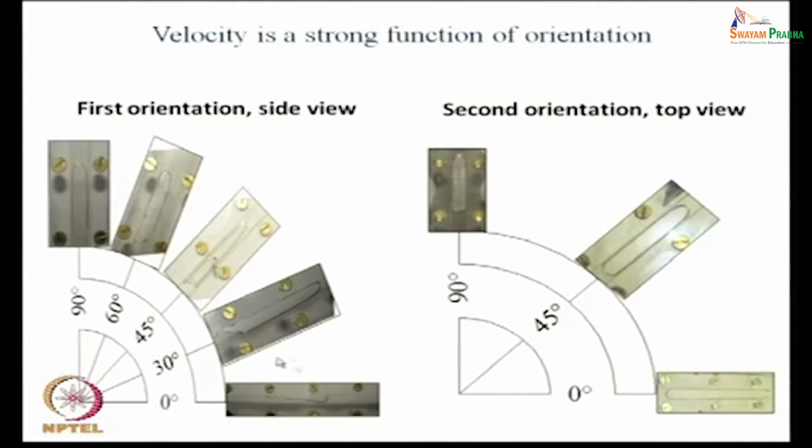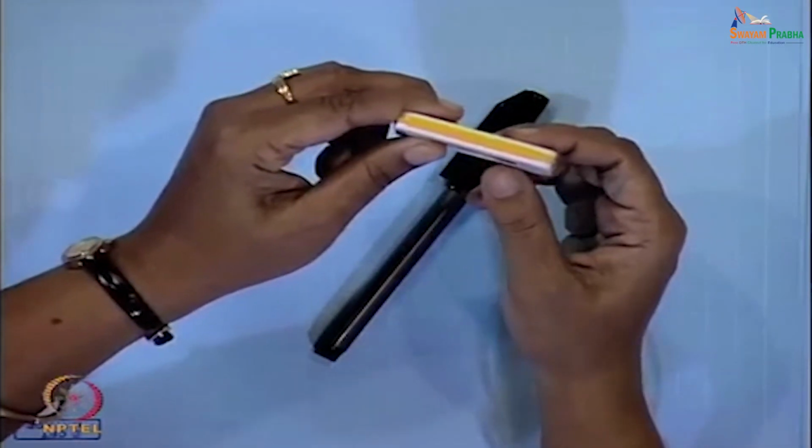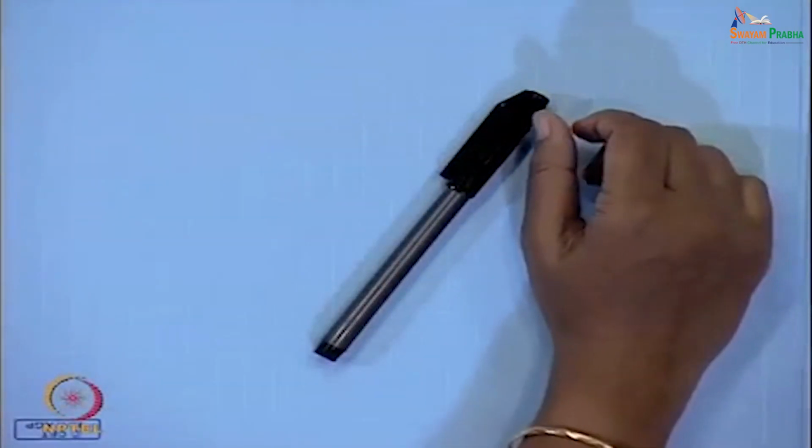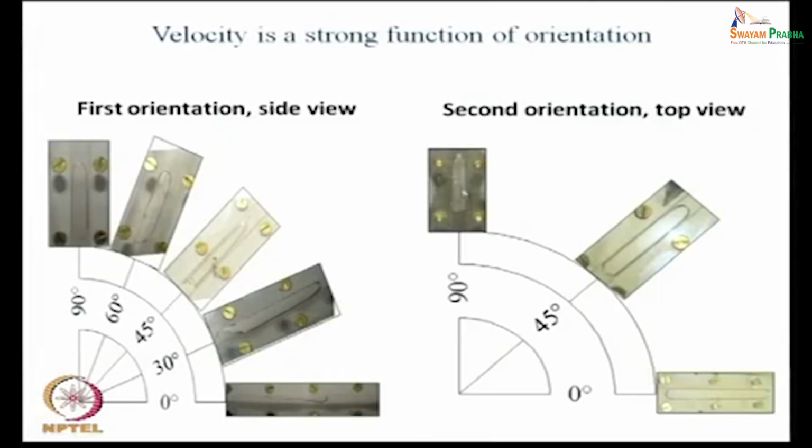On the contrary, when we deal with the second orientation, where the narrow face is parallel to the bubble, we find that there is very little space for the water film to flow down. And here we find that the bubble shape does not change with orientation. If you observe the bubble, it always has a rounded shape in all orientations. So, the shape factor does not come into the picture under these circumstances.